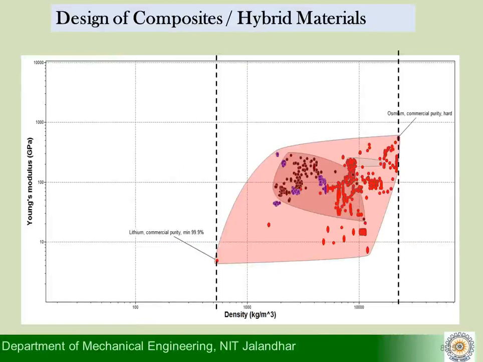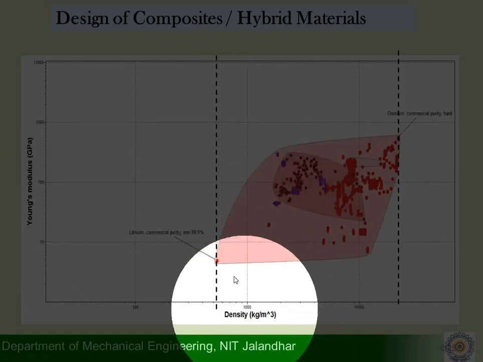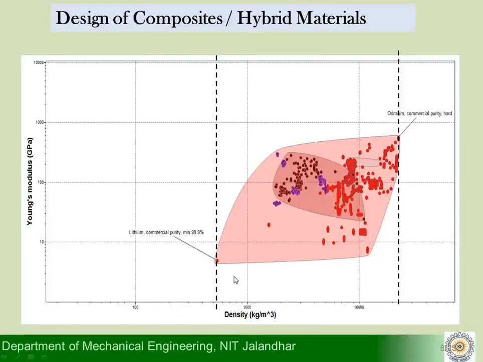Now I go back to our CES EduPack. I hope all of you have a copy of that. If you look at, again, the same chart on modulus versus density, I have plotted here just to let you know there are some physical limits upon the density, to be specific, of solids.